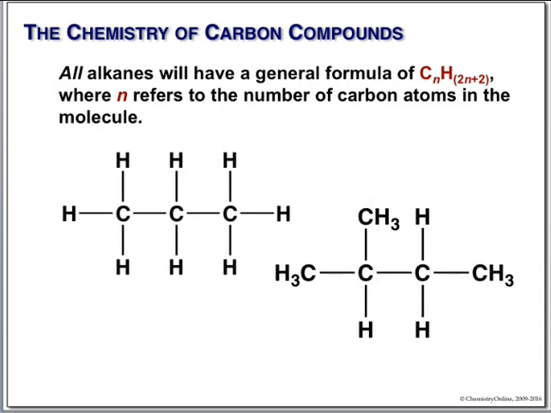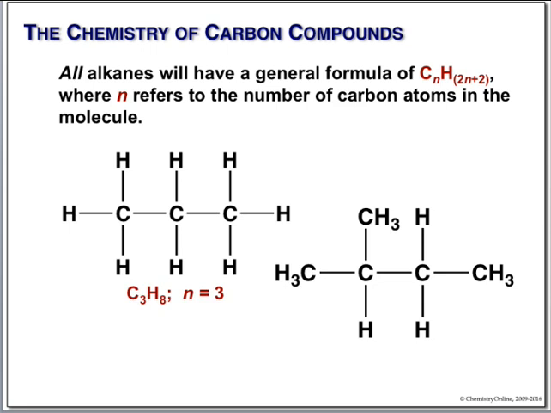If you add up the numbers of carbons and hydrogens in this compound and in this compound, here we have our 1, 2, 3, 4 carbon main chain, here's a 3 carbon chain, a 1 carbon side chain. We wind up with a formula where we can predict the number of hydrogens in the molecule if we know the number of carbons.